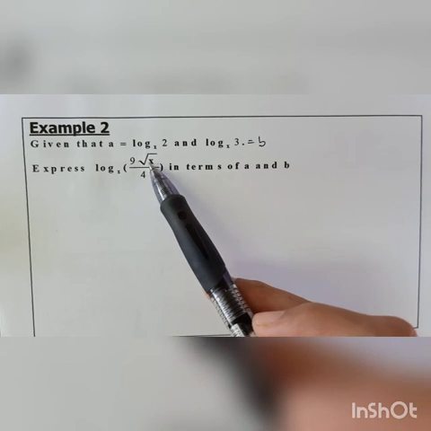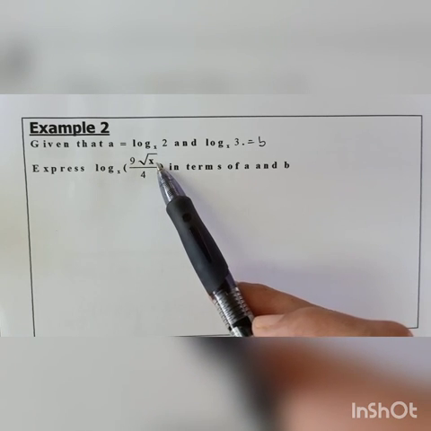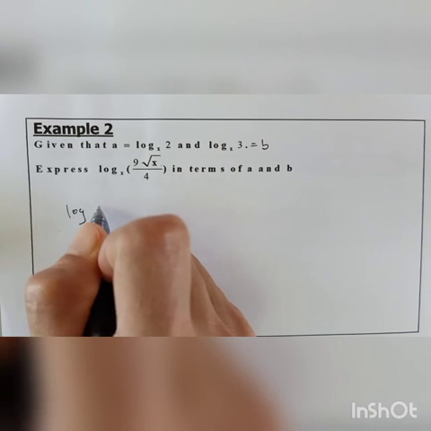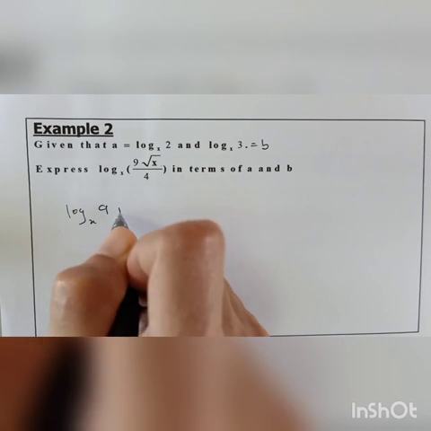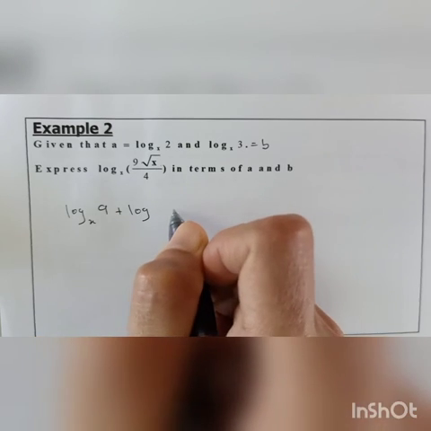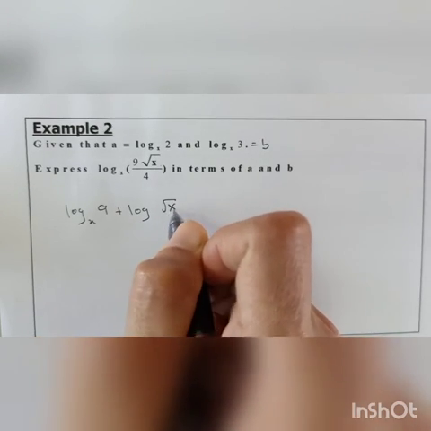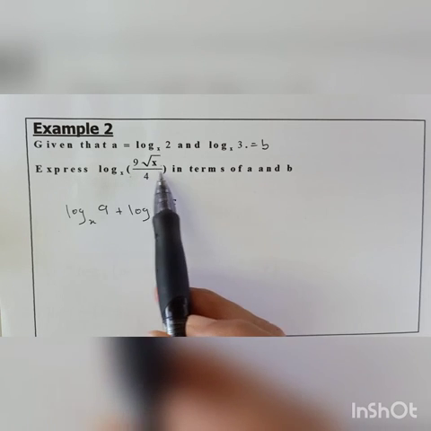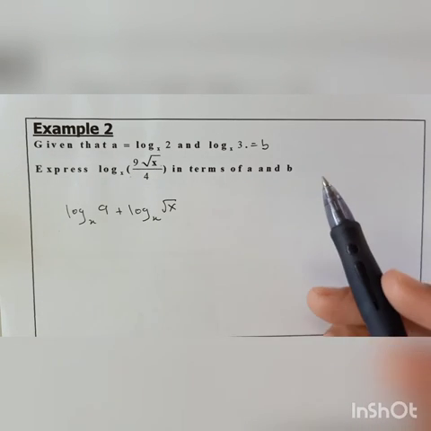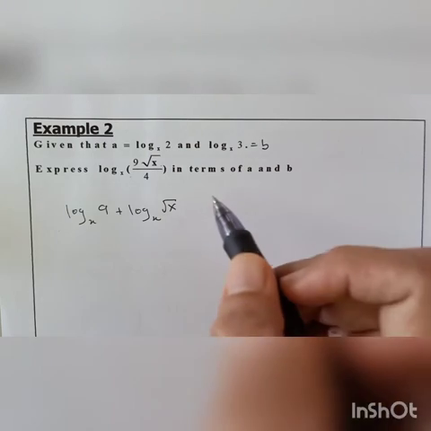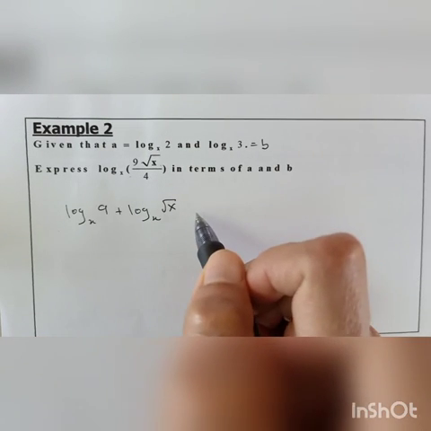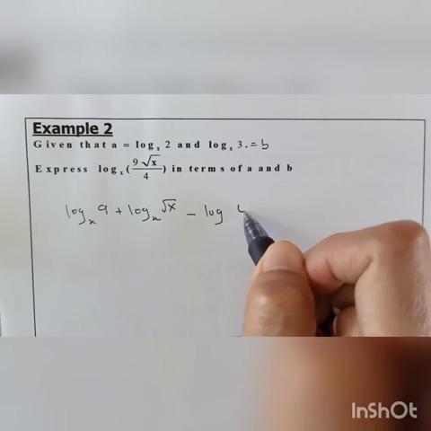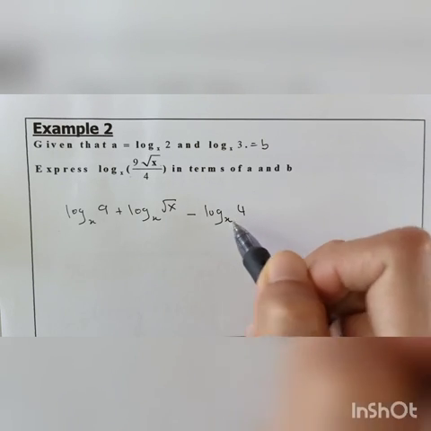For 9 times root x, we can use law of log number 1, so log 9 base x plus log root x base x. This is division, so we can use law of log number 2, which is minus log 4 base x.